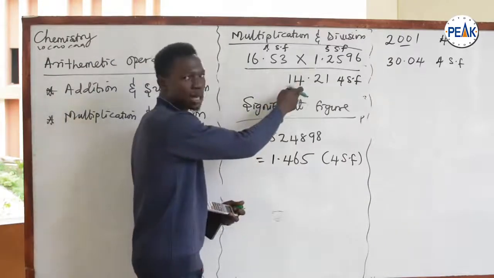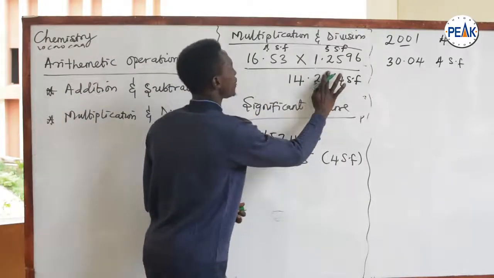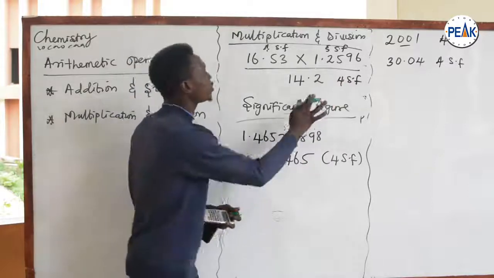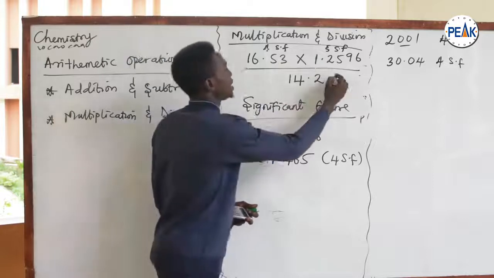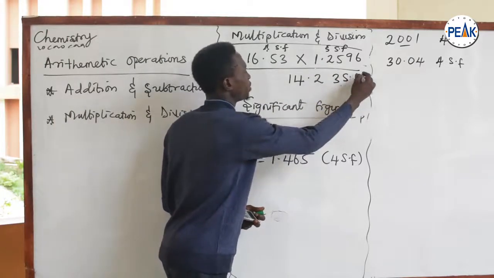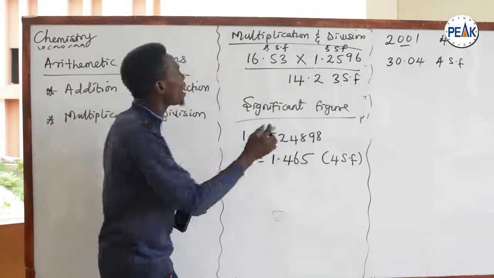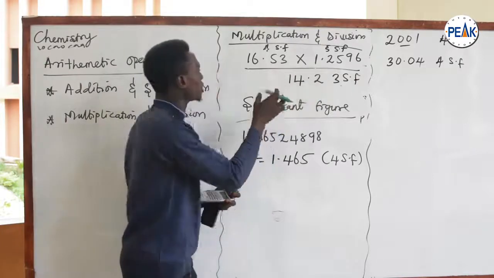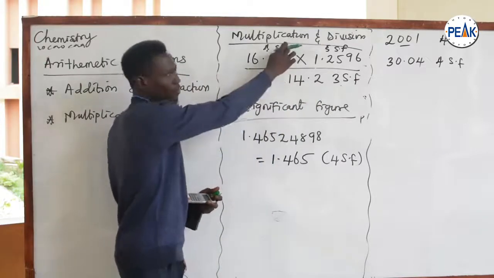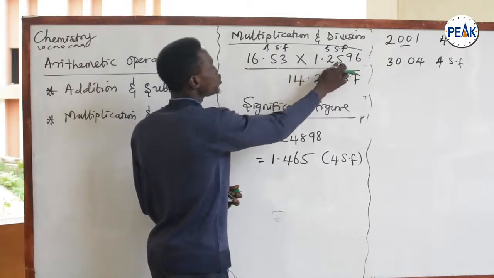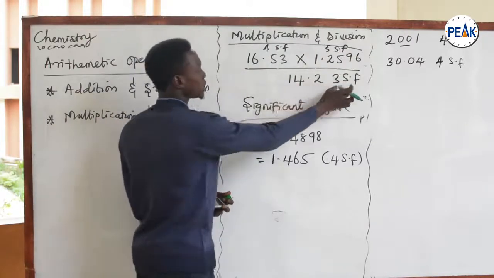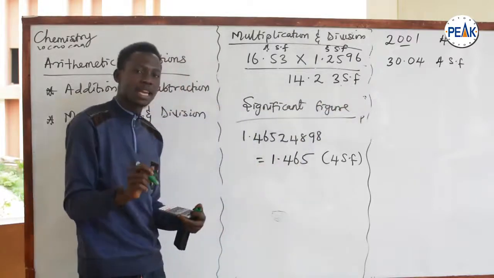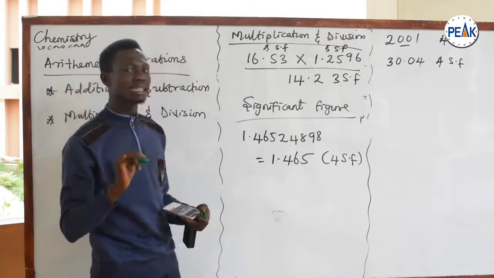If I were to use this same example, assuming I've erased 1, now the least number of significant figures in this arithmetic operation is 3 significant figures. So I'm going to leave my answer to 3 significant figures. 16.53 has 4 significant figures, 1.2596 has 5 significant figures, and then 14.2 has 3 significant figures, which means my final answer is going to be to 3 significant figures.